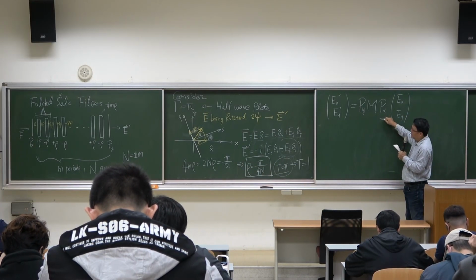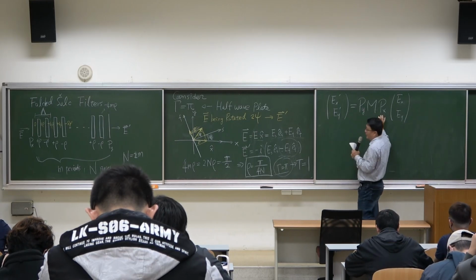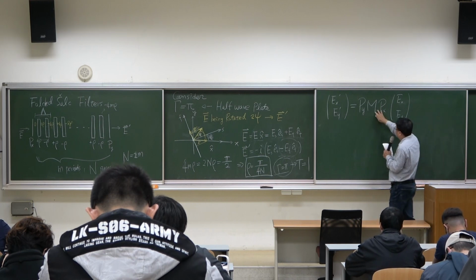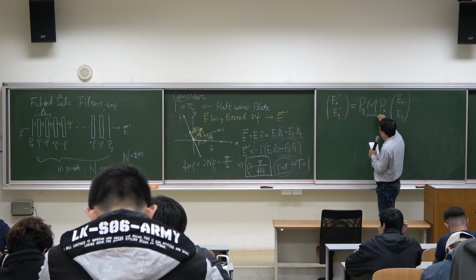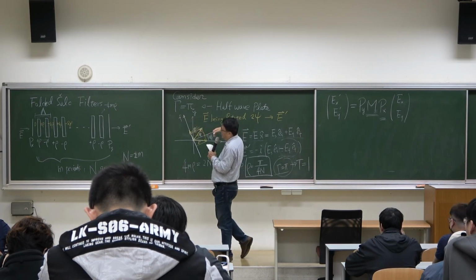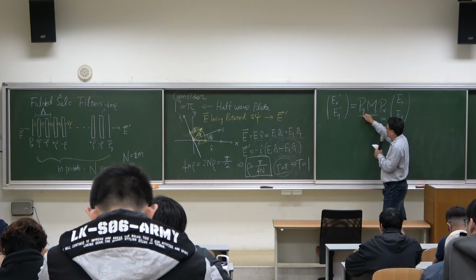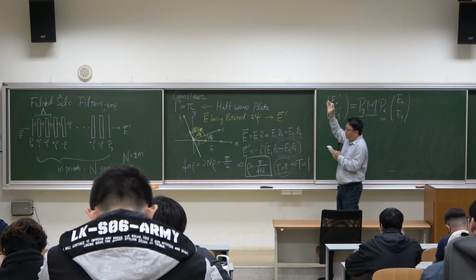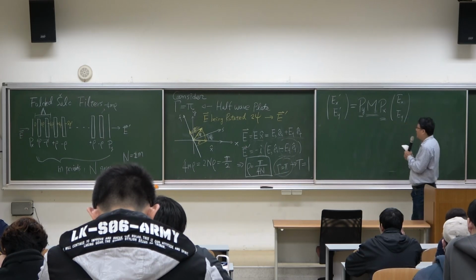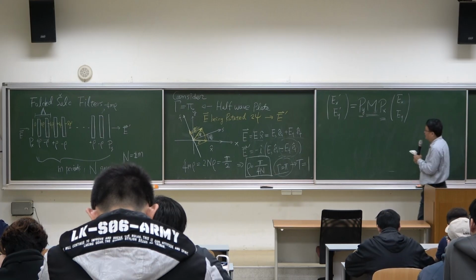First of all, it encounters the polarizer along the x direction. Then it encounters the whole series of wave plates. And then it encounters the polarizer along the y direction. Finally, we get the E prime vector, Ex prime, Ey prime.